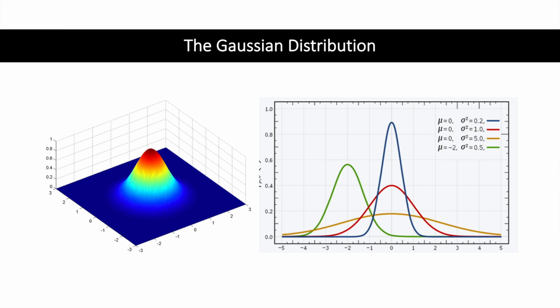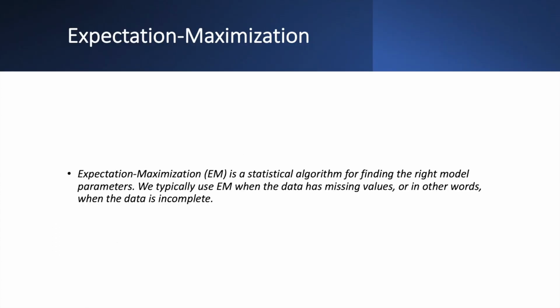And the question is how the mean and variance values of each Gaussian are determined. They are determined using a technique called expectation maximization. Expectation maximization is a statistical algorithm for finding the right model parameters. We typically use EM when the data has missing values or the data is incomplete.